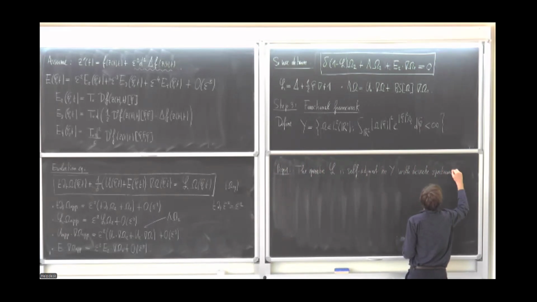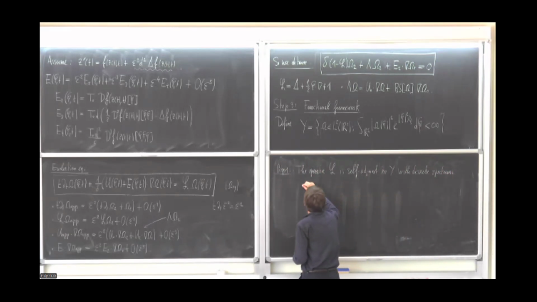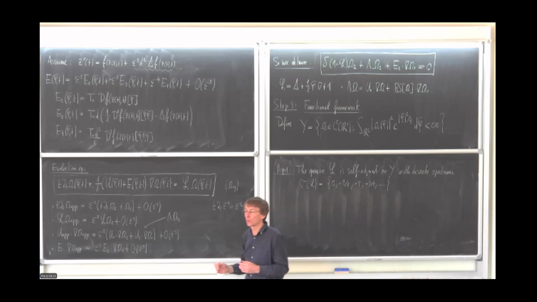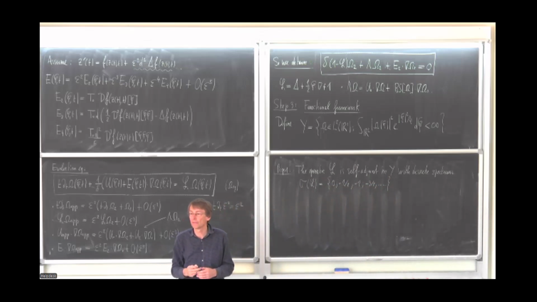The spectrum is completely known and will not come as a surprise to you. Sigma of L, in the space Y, is just all the negative half integers: 0, minus 1/2, minus 1, minus 3/2, and so on and so forth. Very simple. The Laplacian has continuous spectrum, typically the negative half axis. This one has discrete spectrum.